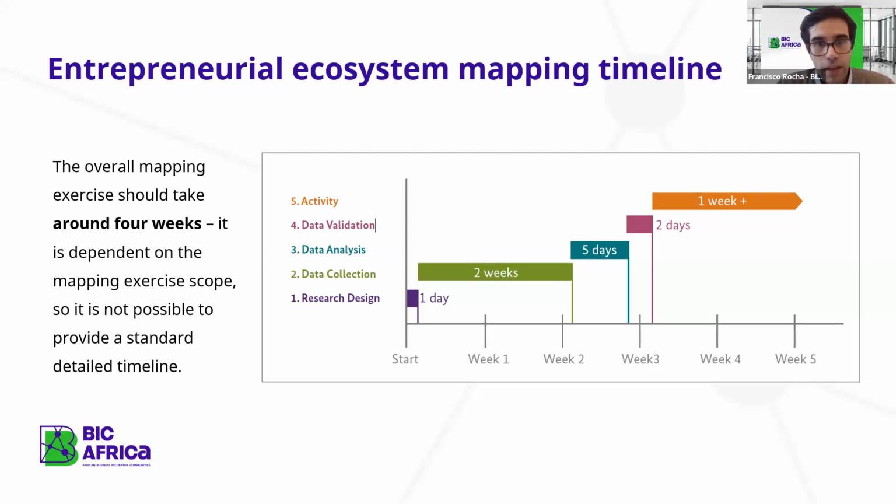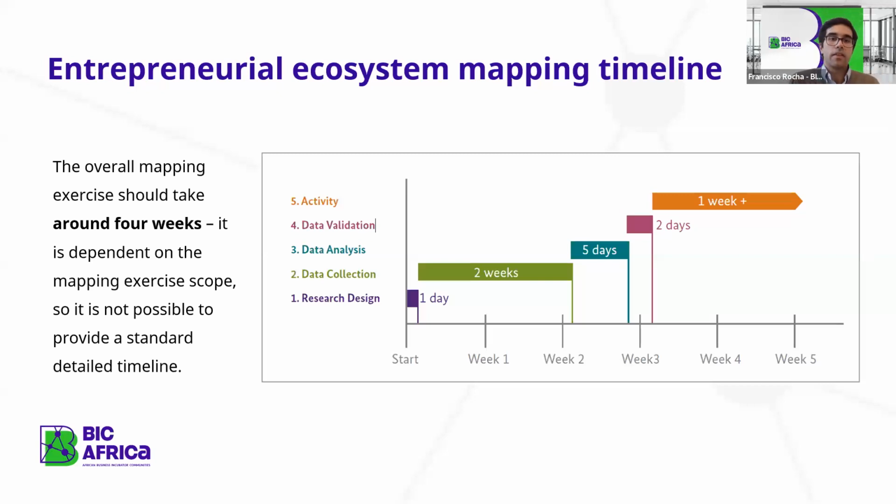And in terms of the steps, you will see that step 2, the data collection aspect, is the one that takes more time, in principle around 2 weeks. Of course, this will be the step, and I will go through each one of them in detail, where you will collect all the data that we will then analyze. So it is the step that takes more time and more effort from the implementation unit.